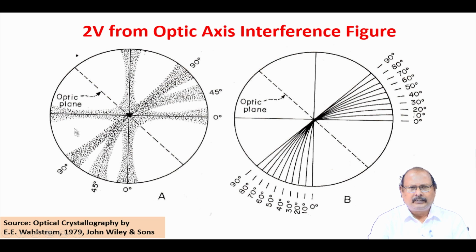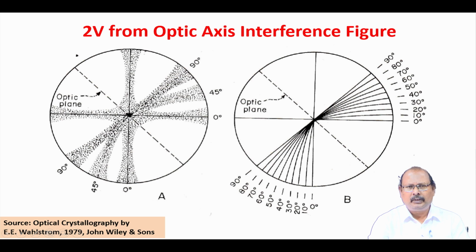So, you see a situation here: the shape of the isogyre, if it is like this, then the 2V is 0. So, it looks like a uniaxial mineral here. And if you see the curvature of the isogyre in the 45-degree position progressively becomes less and less, then 2V progressively increases.